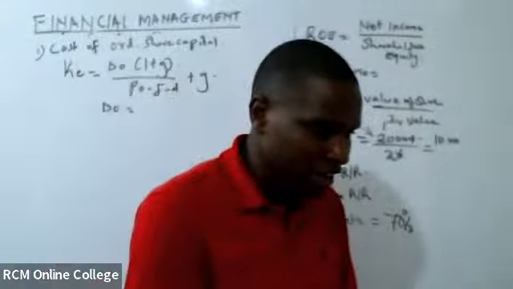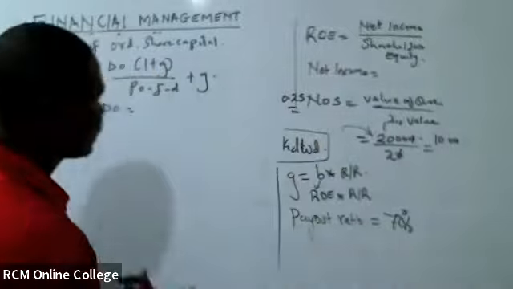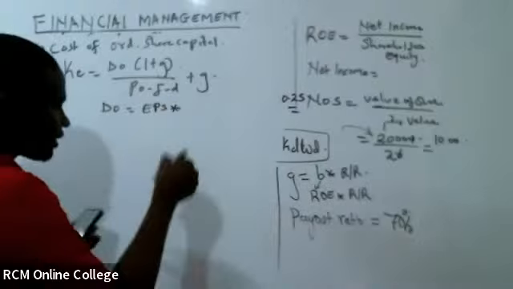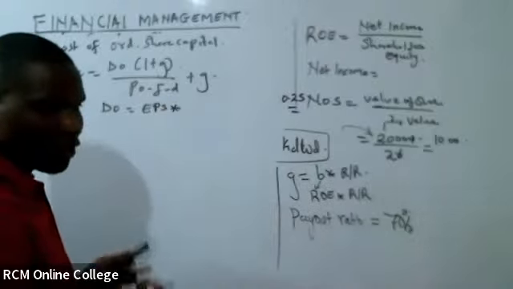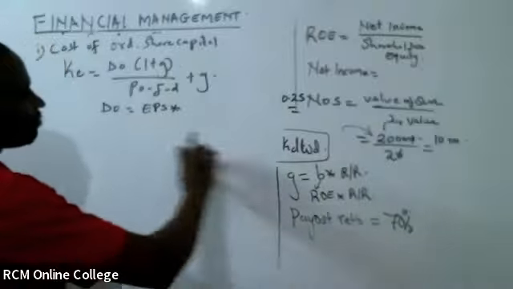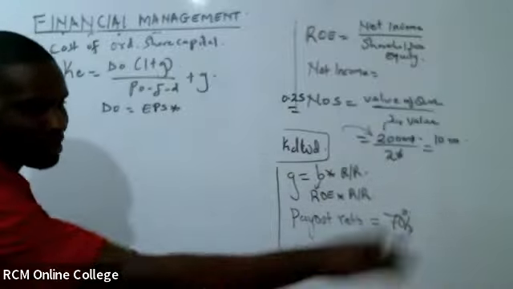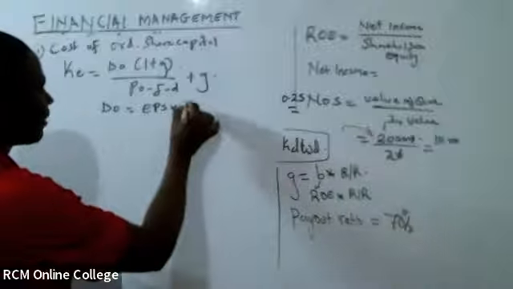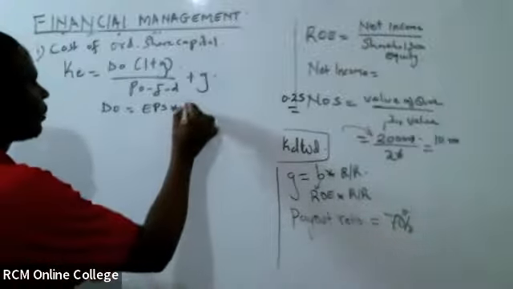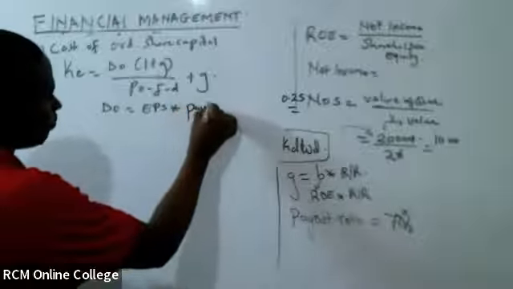You are correct, it is EPS. Is it times retention ratio or times payout ratio? Remember, we are looking at the current dividend paid. So it is the payout ratio, not retention, which is what we have left.